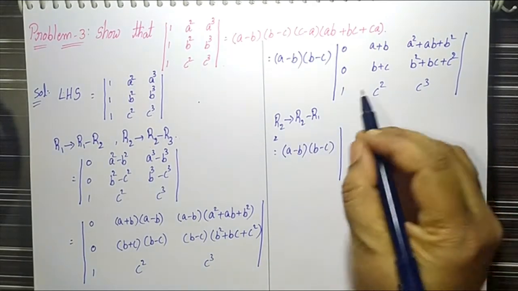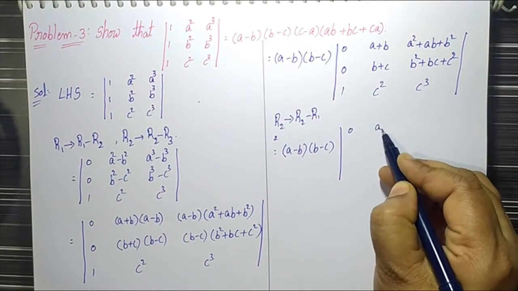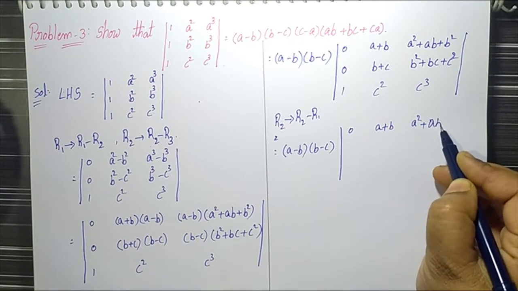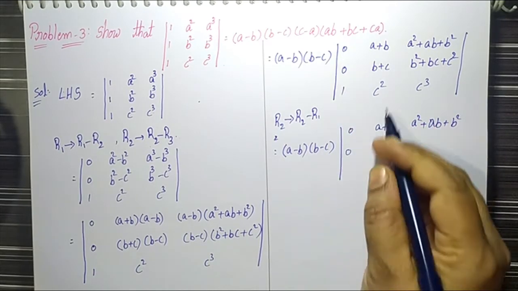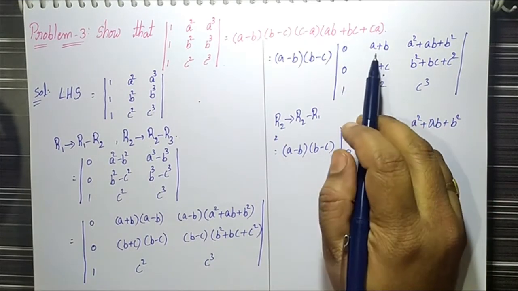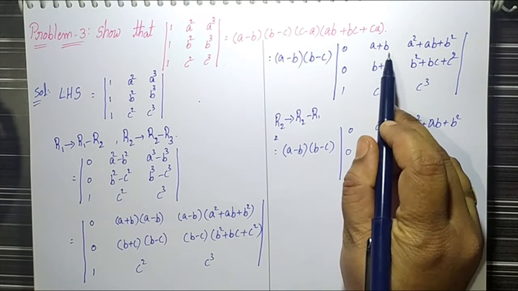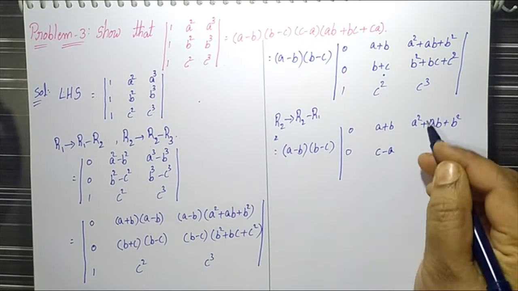Then that is equal to (a minus b)(b minus c) times the determinant with R2 minus R1. The first row is the same: 0, a plus b, a² plus ab plus b². In the second row, 0 minus 0 is 0, then b plus c minus (a plus b), that is b plus c minus a minus b. Plus b minus b cancel, leaving c minus a.